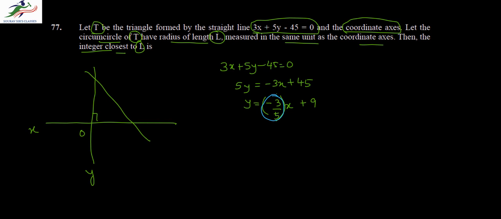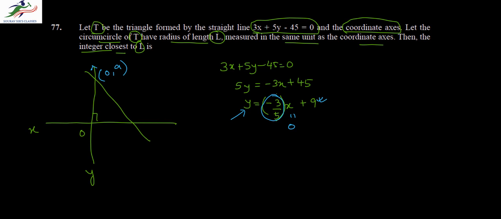diagram. And there would be a point where this line would intersect the y-axis, where the value of x will be 0 and y will be, if I put x equal to 0 in this equation, 9.